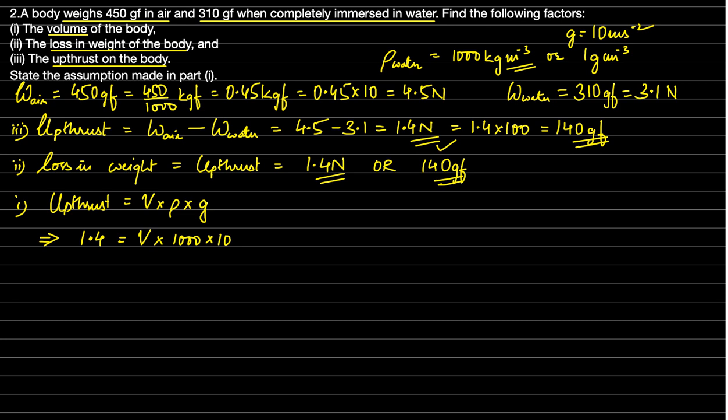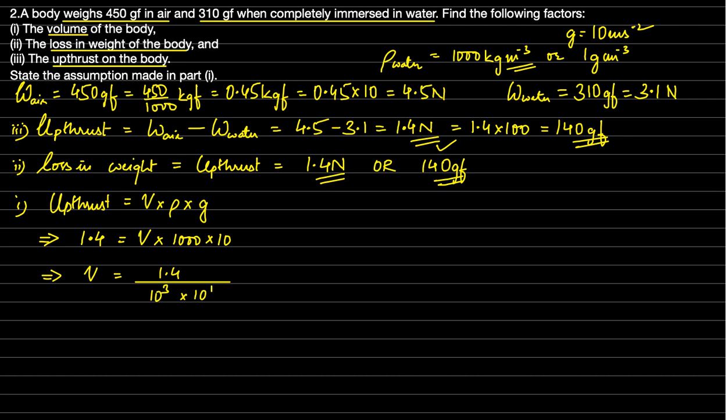So now coming to the volume, we will take left hand side as right hand side and right hand side as left hand side. So we get 1.4, the entire thing, divided by 1000, which can be written as 10 to the power of 3, into 10, which can be written as 10 to the power of 1.